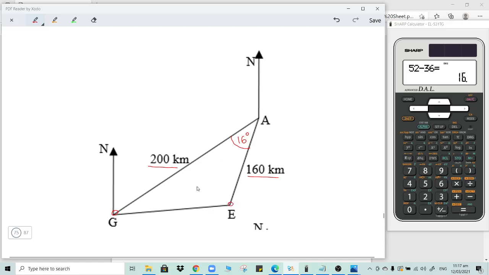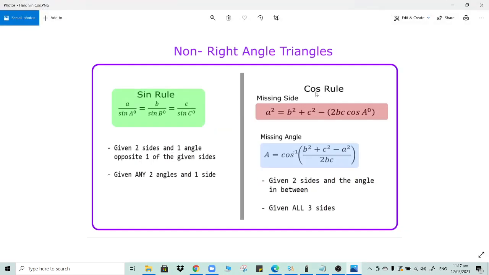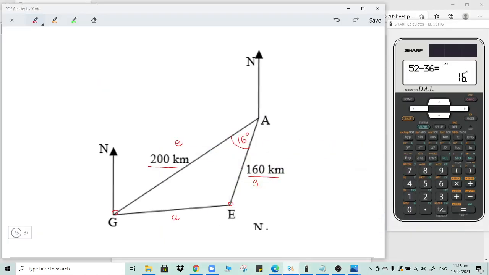So let's put in our common letters: common A, common E, and common G. Which rule is this? To me, it seems to be the cosine rule again, but this time we're trying to find a missing side. We are allowed to use the cosine rule because we have the length of two sides and the angle in between those two sides.